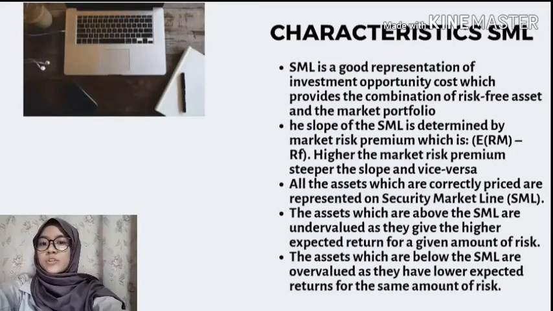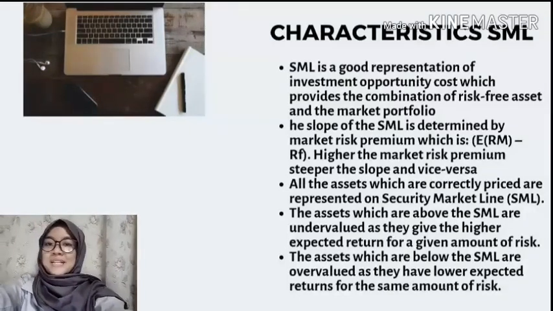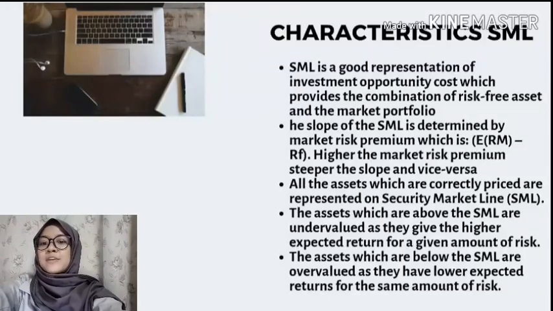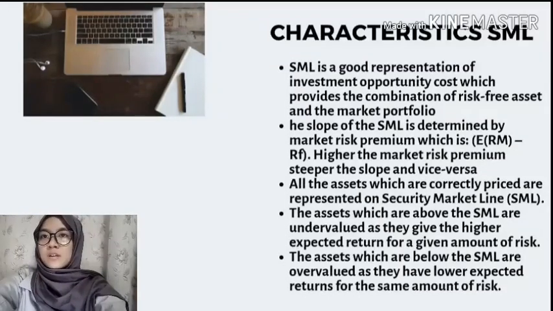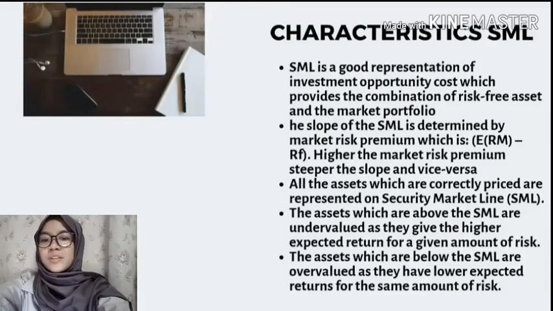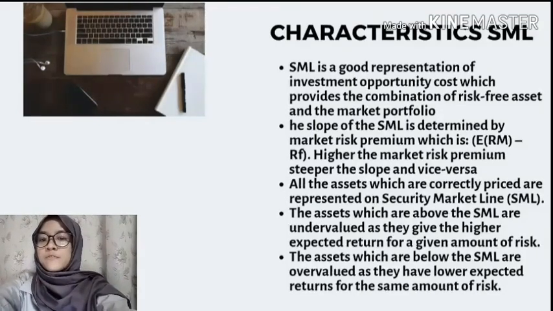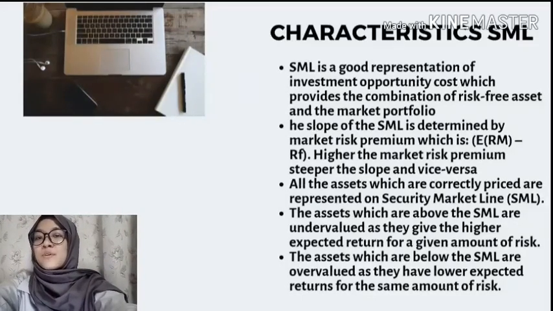The assets which are above the SML are undervalued as they give a higher expected return for a given amount of risk, and the assets which are below the security market line are overvalued as they have lower expected returns for the same amount of risk.